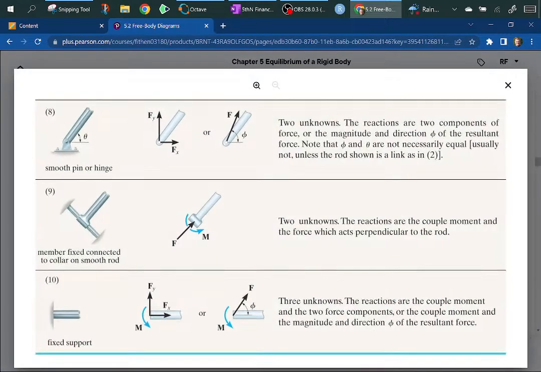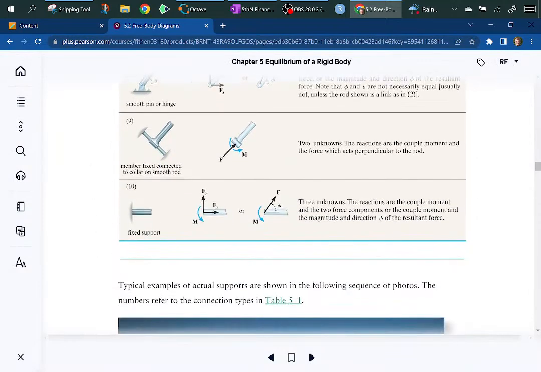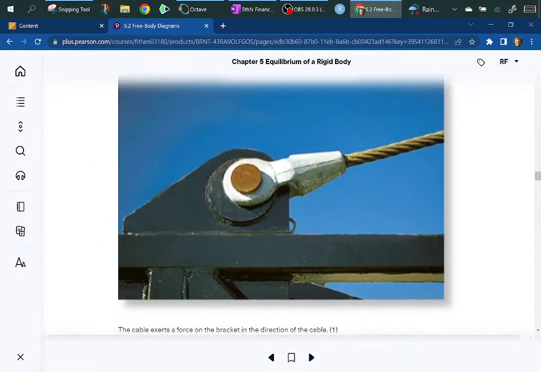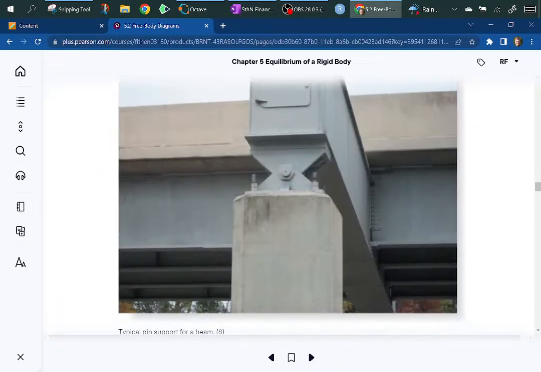You have another one here, a pin or a hinge. This is a member that can slide up and down here, but cannot rotate in this direction. And then you get a completely fixed support. He has some pictures of examples of this.